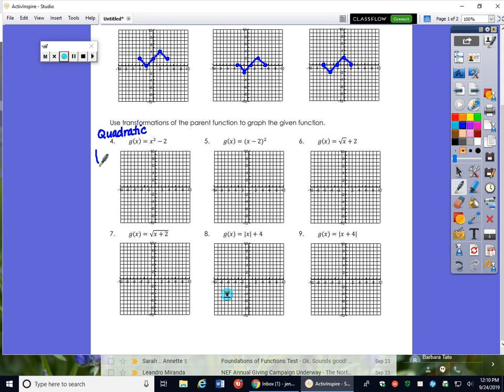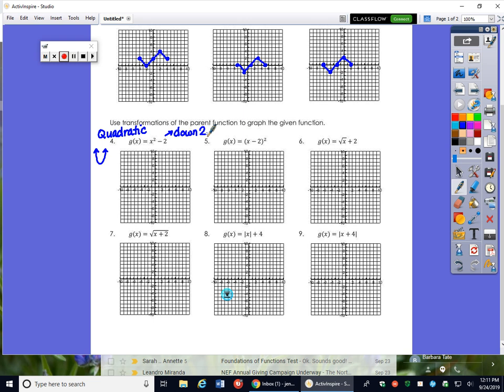It's going to have a U-shaped graph, so it's going to look like this. So now you have to look at the parent function on that graph, and you have to notice that -2 after the function, so that's outside the function, there's no parentheses, means we're going to go down 2 for each of those points.